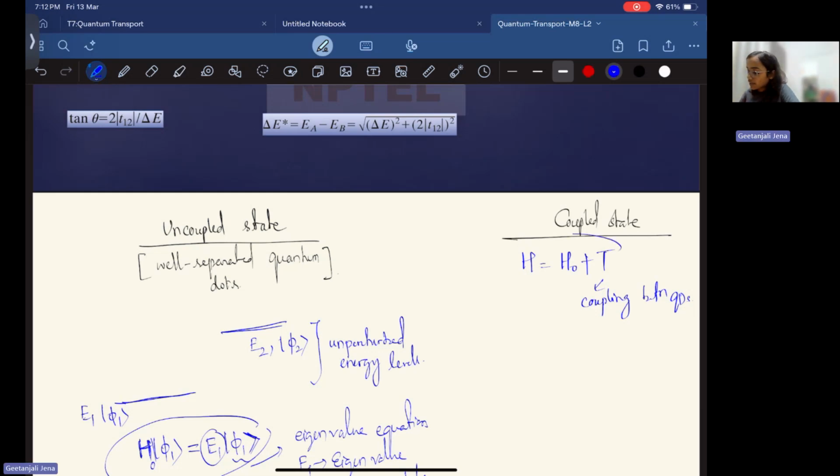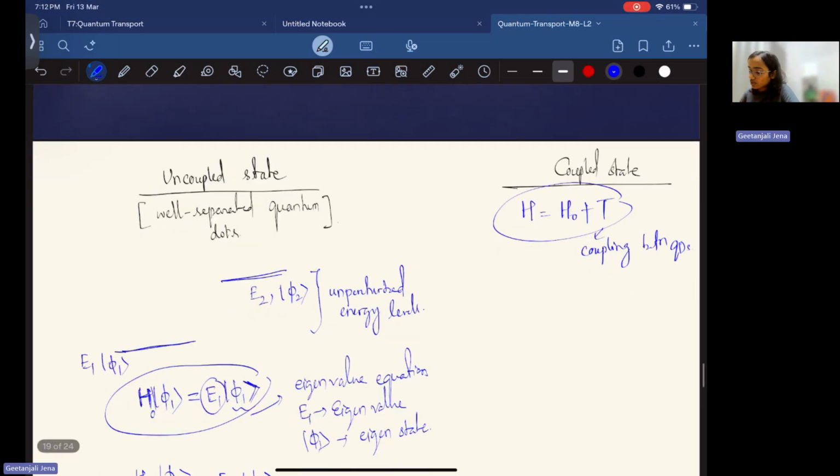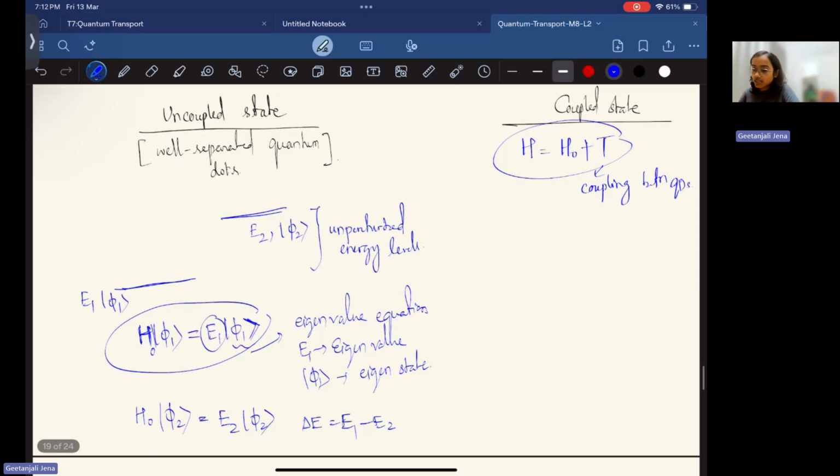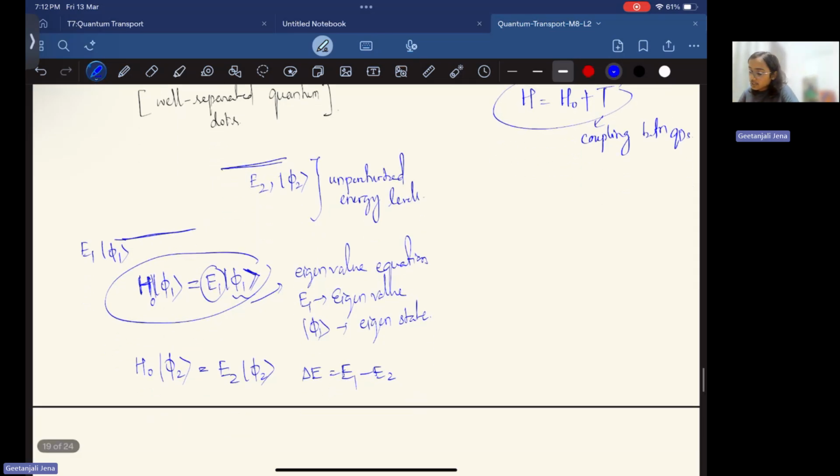So we now have a new Hamiltonian, which is H0 plus T. Okay, so for this, because of the coupling, the energy states will now get changed. Now we'll have a bonding state and an anti-bonding state. For the bonding state, the wave function is psi b, and for the anti-bonding state, the wave function is psi a.